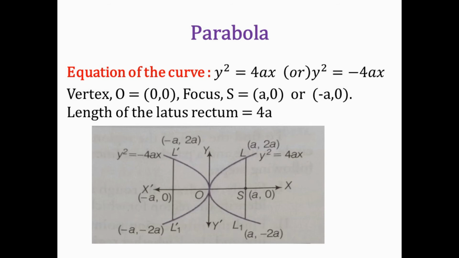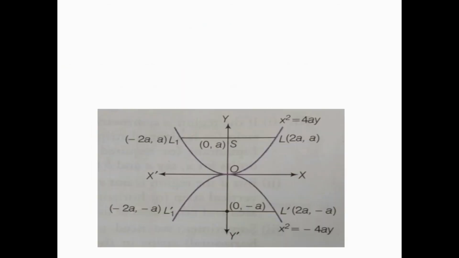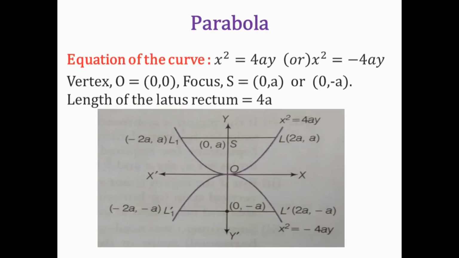If the equation is negative, y square is equal to minus 4ax, now the parabola lies on the left side of the y-axis. And the vertex is 0 comma 0, and the focus is a comma 0 or minus a comma 0. Latus rectum is 4a.